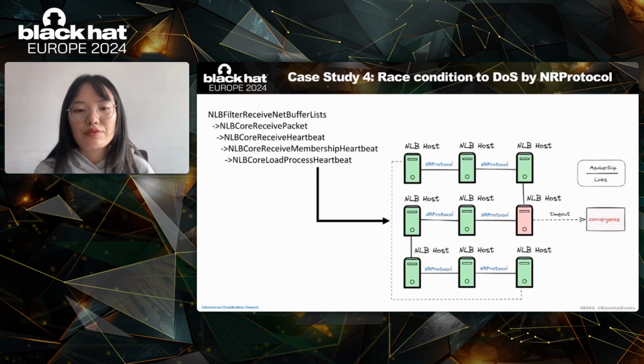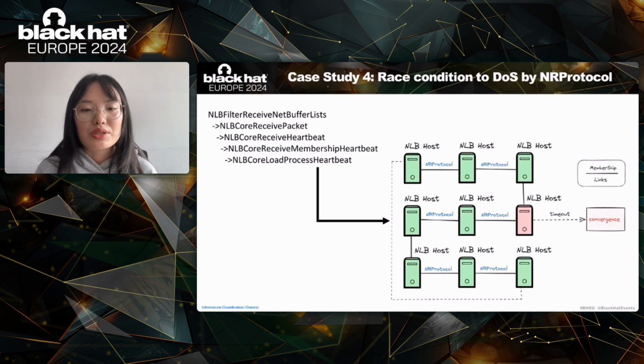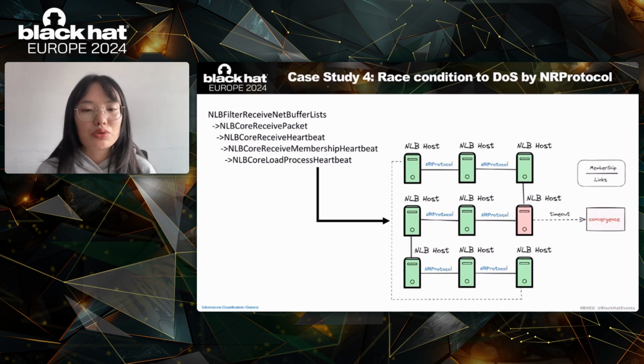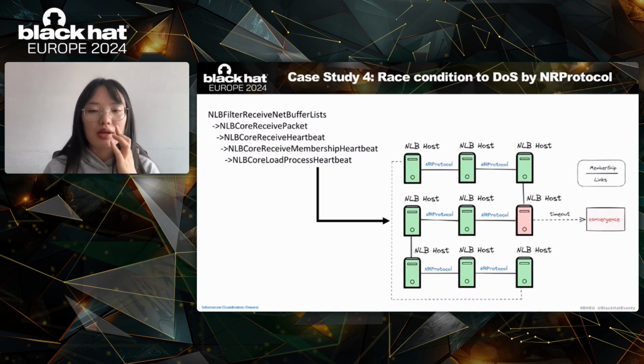Our case 4 is about race condition 2. And the race condition can also lead to DOS. NR protocol is an internal protocol within the NLB system, used for communication between nodes in a cluster to ensure that all nodes maintain a consistent view of the cluster's membership and load information.